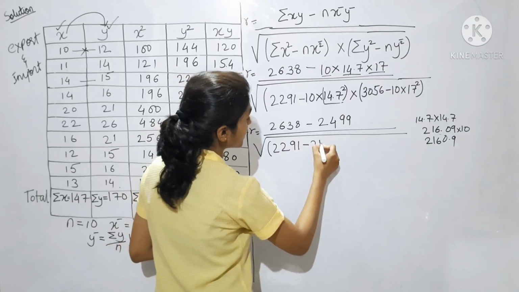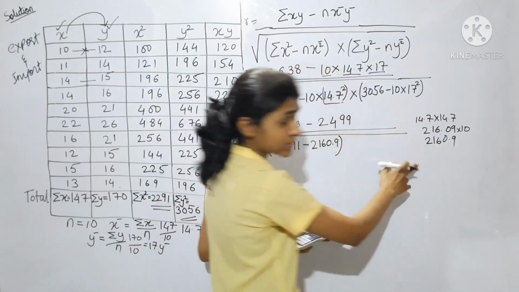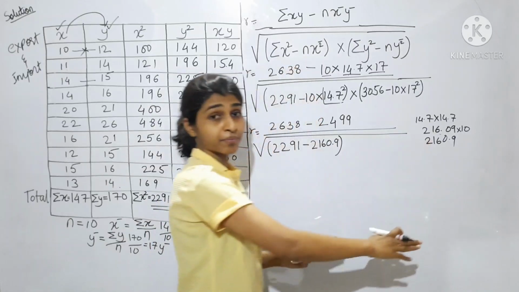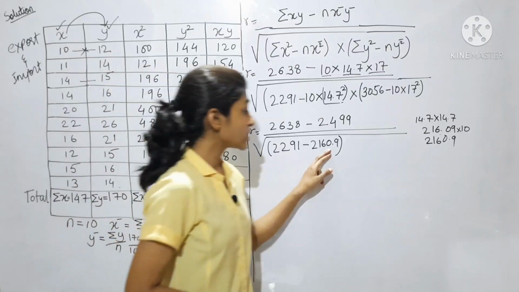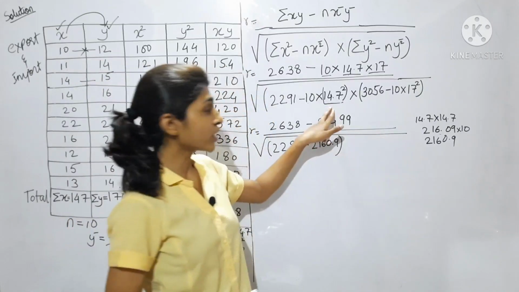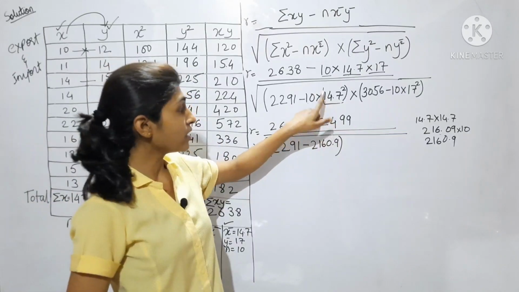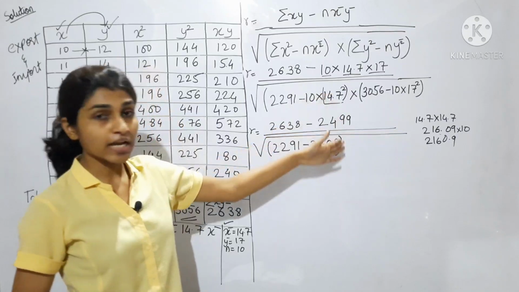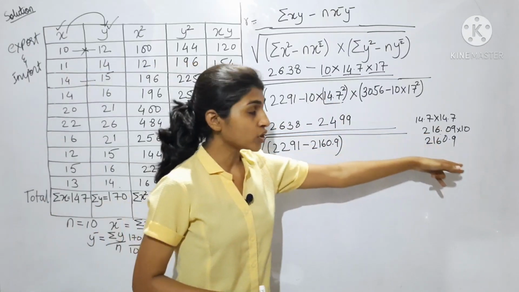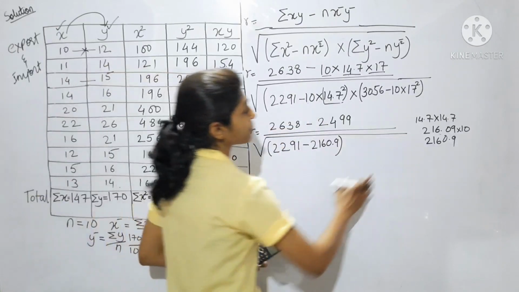Write the answer here and close the bracket. This is the rough work I showed to understand how I got 2160.9. First of all I found the square of 14.7, and whatever answer I got, I multiplied it by 10.